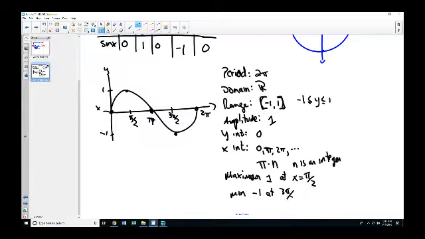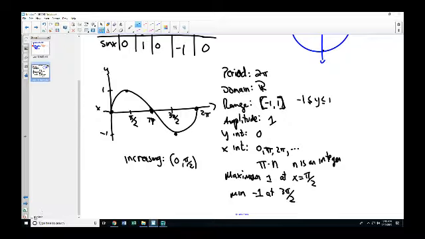So all the skills we've talked about for graph analysis are still coming into play. There was one other. Where is this graph increasing? 0 to pi over 2, or half pi.